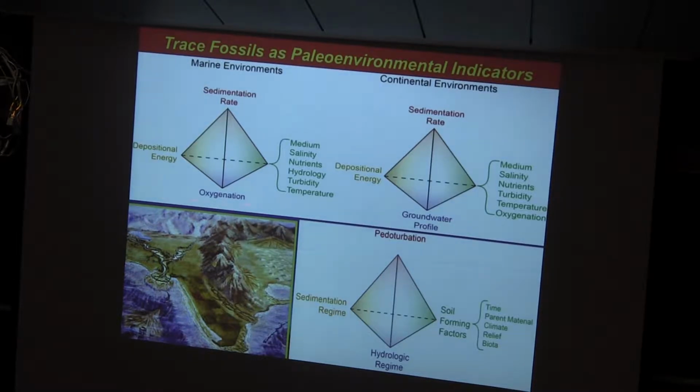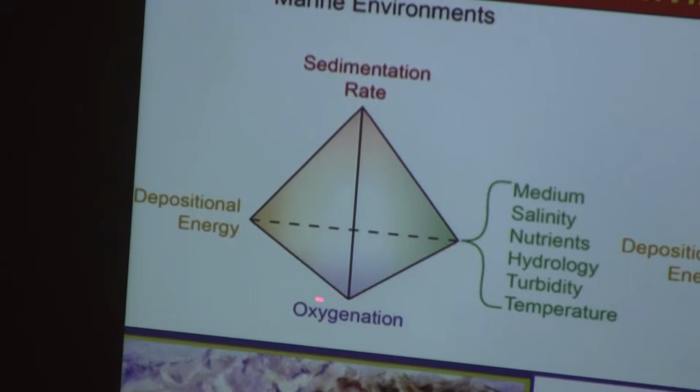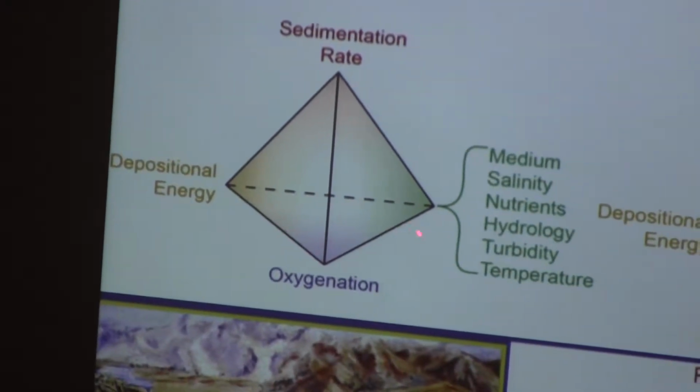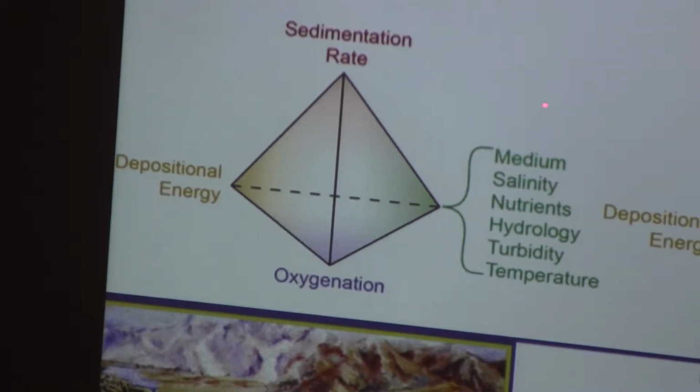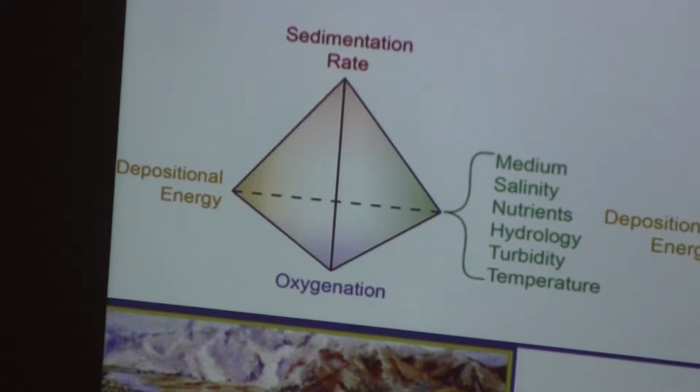So in the marine realm, the tetrahedron of indicators or factors tell us about the rate of sediment accumulation, depositional energy, whether it was high energy or low energy, and the amount of oxygenation in the water and in the bottom sediment. And then this last corner could tell us about the interactions with the medium or the substrate, the salinity, nutrients, hydrology, turbidity, temperature.